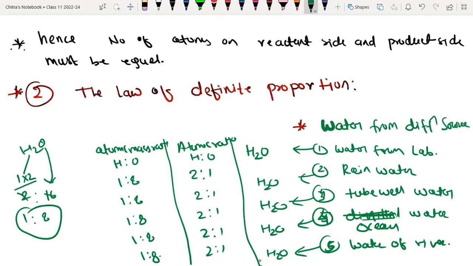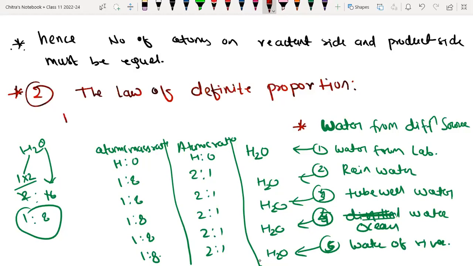This is called the law of definite composition or definite proportion. Okay, everyone? Yes, sir. Okay, so I'm going to write the statement for that.